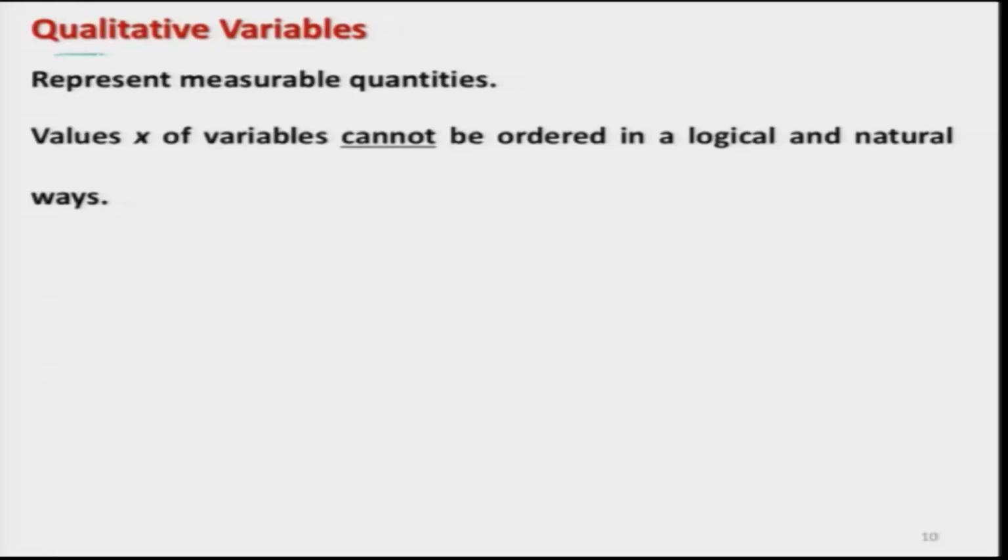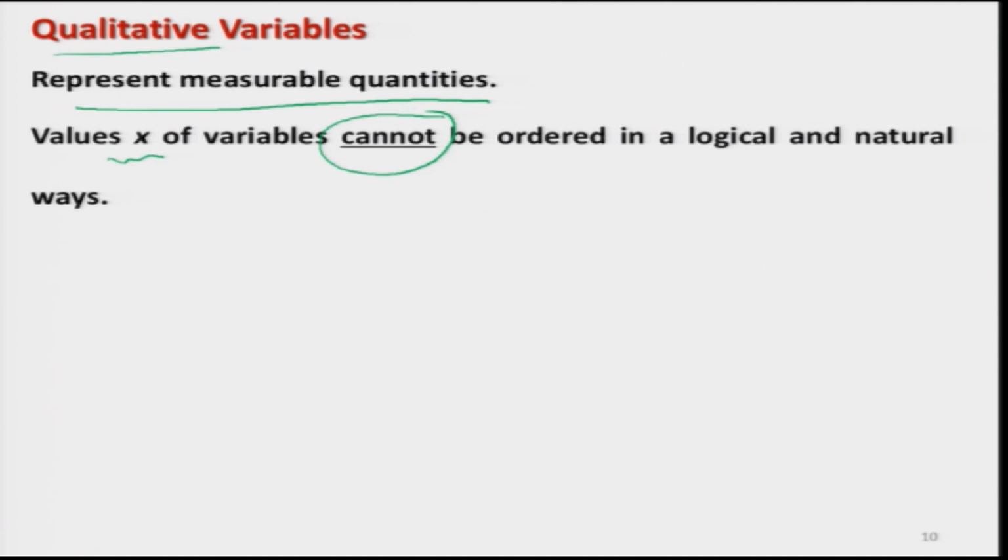Right. Now, I try to address the aspect of qualitative variables. These qualitative variables represent the measurable quantities. So, this is same as in the case of quantitative variables. Then what is the difference? The difference lies here that the values of the variable, which are denoted here as small x, cannot be ordered in a logical and natural way.